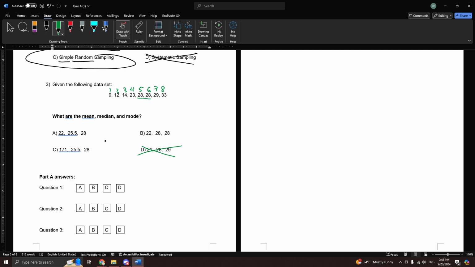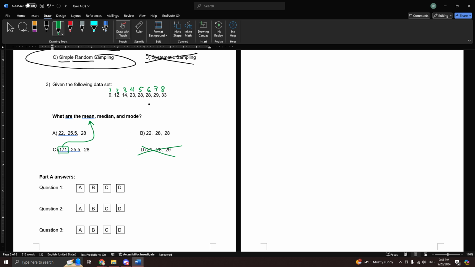The next thing we should look at is this answer C, which looks very, very different from the others, right? It's 171. That corresponds to the first central tendency that we're looking for, which is the mean. What is the mean? It's the average, right? It's going to give you the middle of our group.